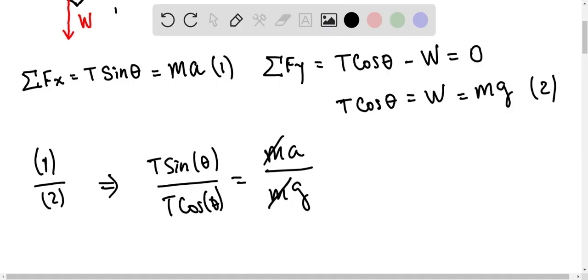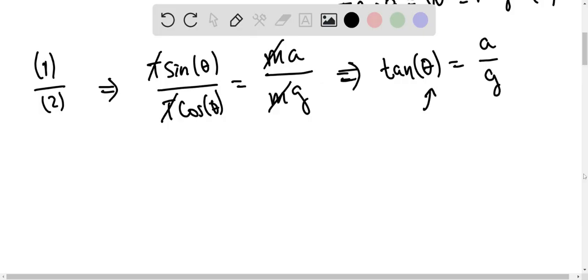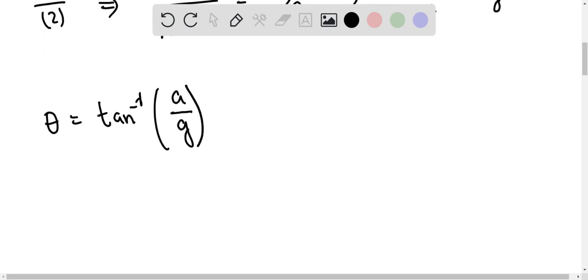We can eliminate the masses, and we also eliminate the tension, so that sine of theta over cosine of theta is the tangent of theta, and then we have a over g. To obtain the angle theta, we take the inverse tangent function on both sides of this equation. So we will have theta equals tangent to the minus 1 of the acceleration over the acceleration due to gravity.